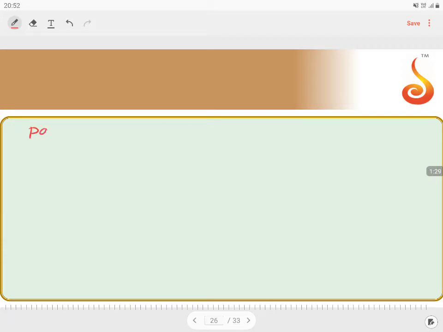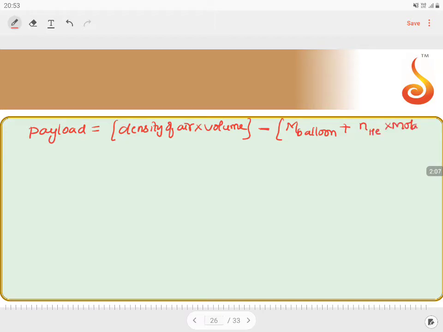Now if I am taking this further, how can I write it in a simple formula? Payload is equal to mass of air displaced, which we can write as density of air into volume, minus mass of balloon plus mass of helium, which can be written as number of moles of helium into molar mass.